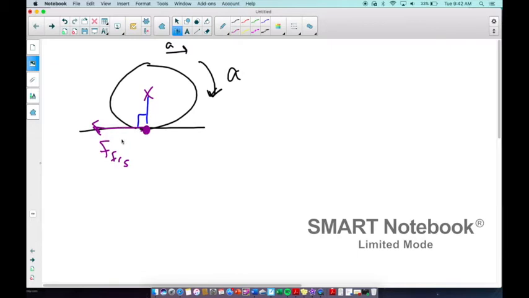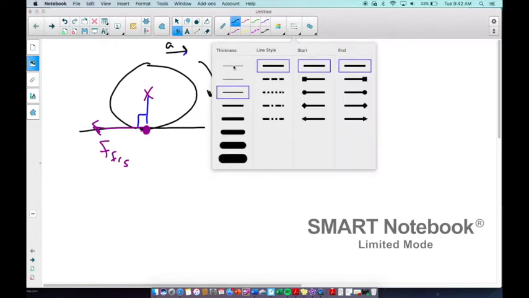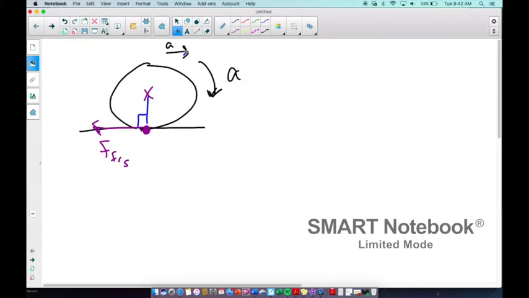So it's the only thing that can be supplying my torque. And I know that this thing has a rotational acceleration clockwise, so this force down here must be causing that clockwise rotation. What we didn't really talk about, and what I left unsaid, which I should not have, is what's causing the translational acceleration. Well, there's got to be a force to cause that translational acceleration.